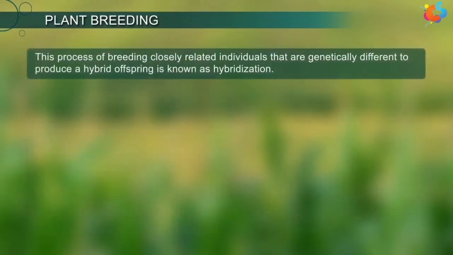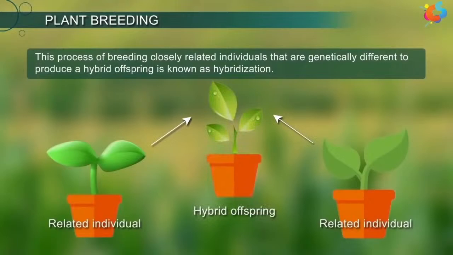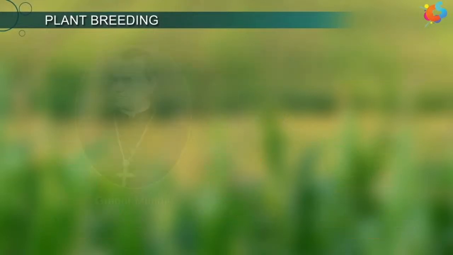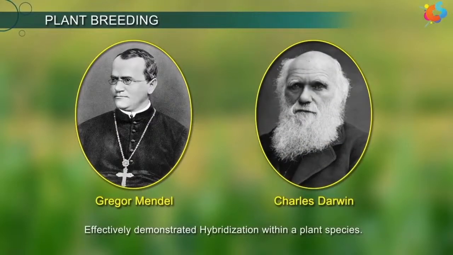This process of breeding closely related individuals that are genetically different to produce a hybrid offspring is known as hybridization. Scientists Gregor Mendel and Charles Darwin effectively demonstrated hybridization within a plant species. After that, the process was further developed by many plant breeders.